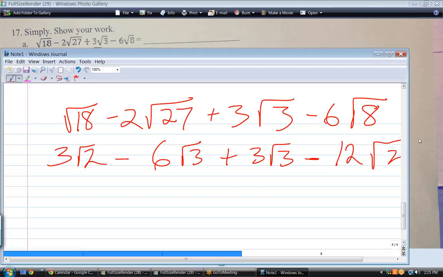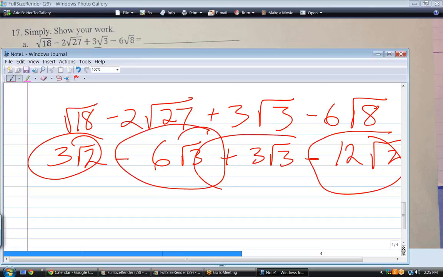Now we have only apples and oranges. We got apples here, we got apples over here, we got oranges here, we got oranges there. Let's combine them, end up with just one set of apples and oranges. So how many root 2's do we have? 2. We got 3 over here, we got minus 12 over here.